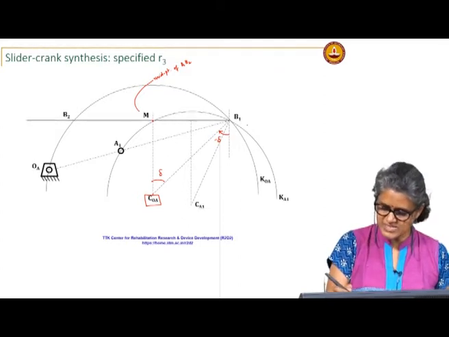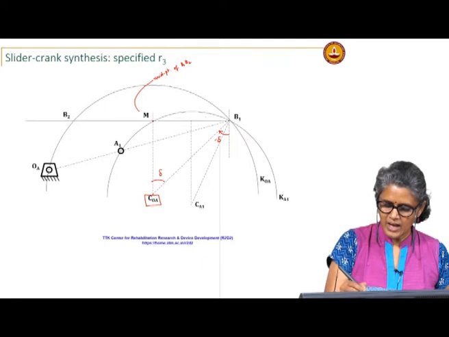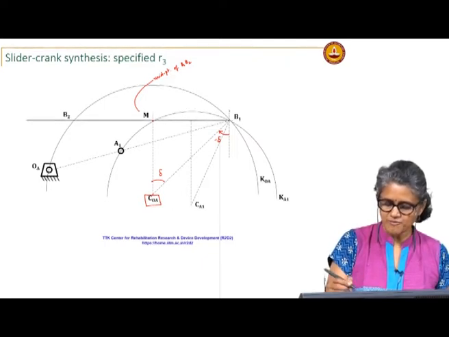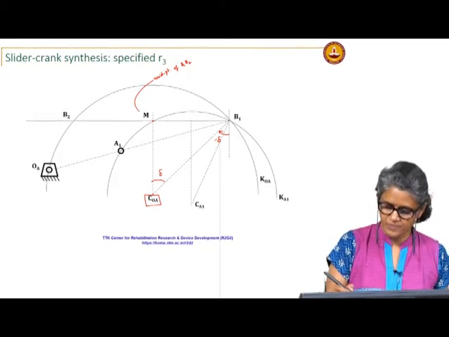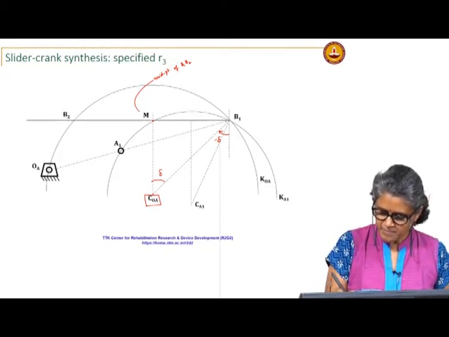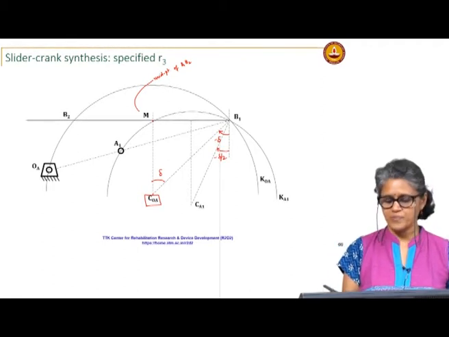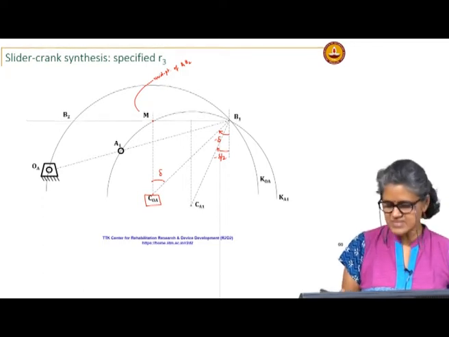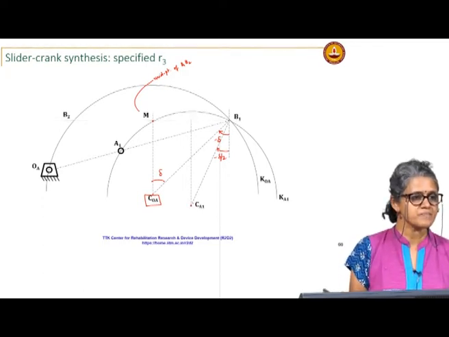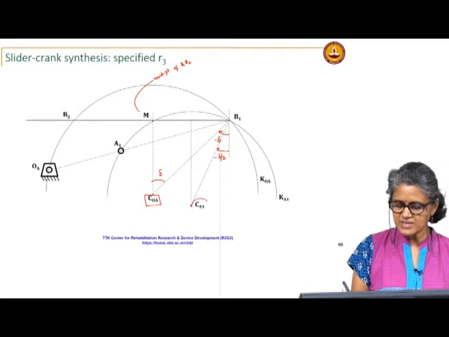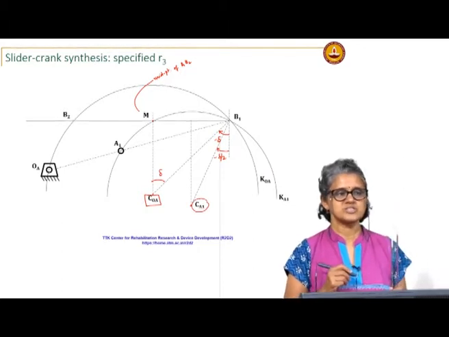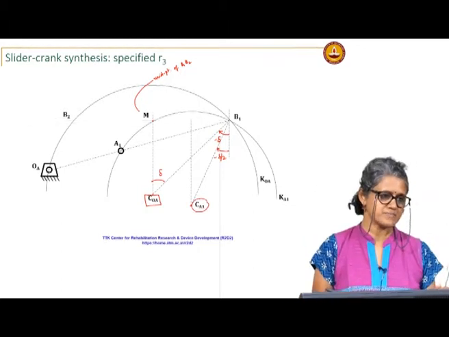So, I construct the perpendicular bisector of MB1, and then this angle is minus delta by 2. Where it intersects this perpendicular bisector gives me the center of the circle on which A1 lies.